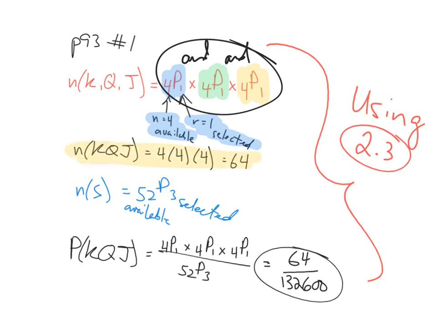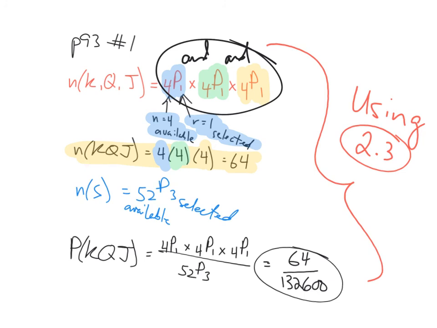So 4 times 4 times 4 equals 64. And each of these answers, for the first one, the permutation of 4 choose 1 equals 4. 4 choose 1 again equals 4, and for the last one, 4 choose 1 permutation equals 4, and we multiply the three simple event outcomes to get a total compound event number of ways for a king, queen, and jack to be selected in that order of 64.